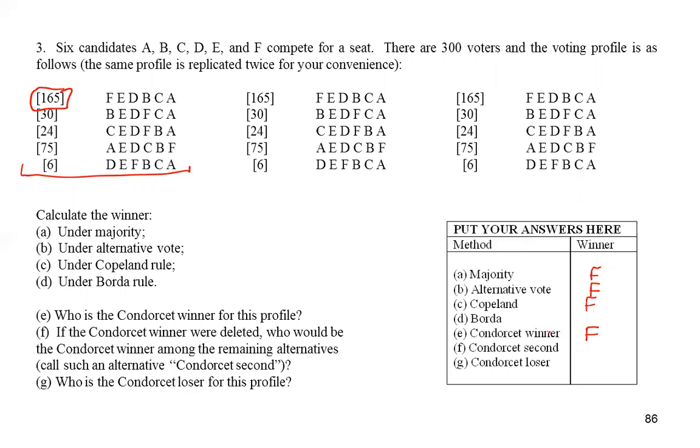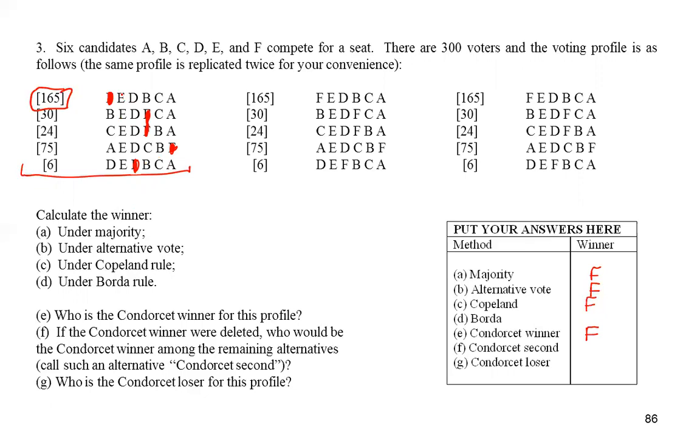So by this simple observation, we can immediately answer 4 questions. Now, what about the Condorcet second? The Condorcet second is an alternative that, if we remove the Condorcet winner, would be our new Condorcet winner. So if we remove our Condorcet winner here, it is quite obvious who is the Condorcet second.